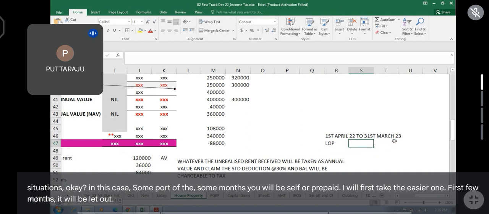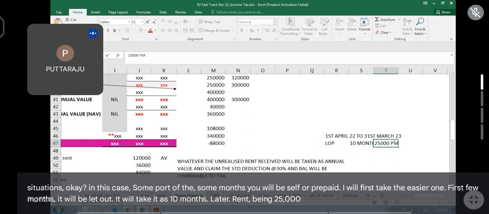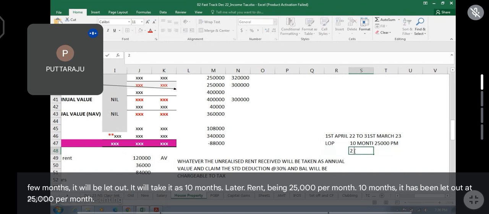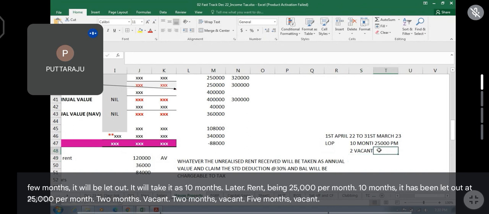I will take it as 10 months let out, rent being 25,000 per month. 10 months it has been let out at 25,000 per month. 2 months vacant.